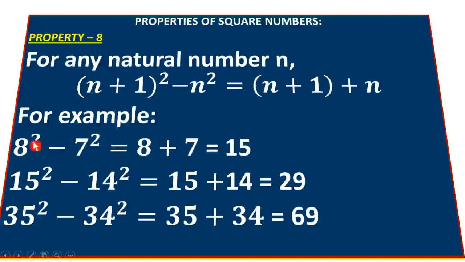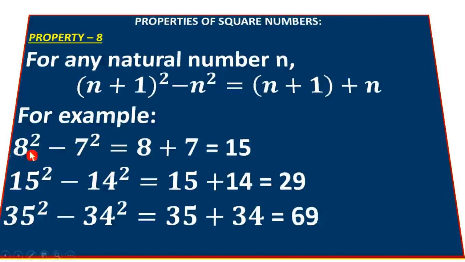If I take the number 7, then n plus 1 equals 8. 8 square minus 7 square: we can use a square minus b square equals (a plus b) into (a minus b). That means (8 plus 7) into (8 minus 7). We would get the answer 15.